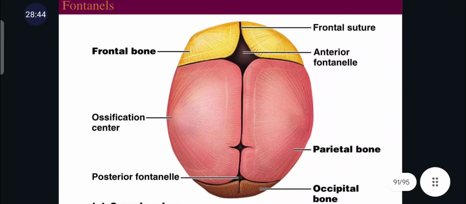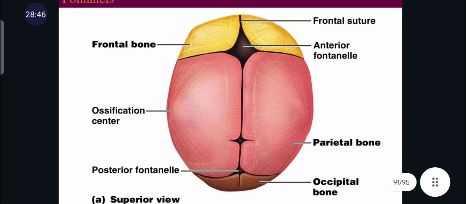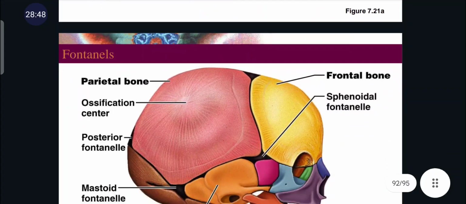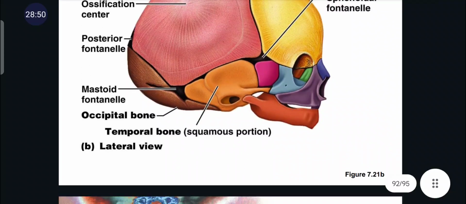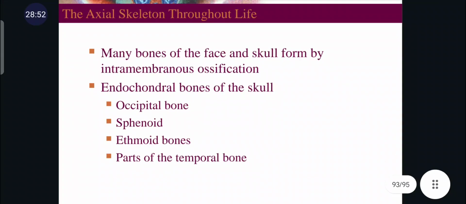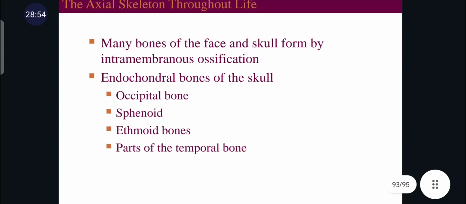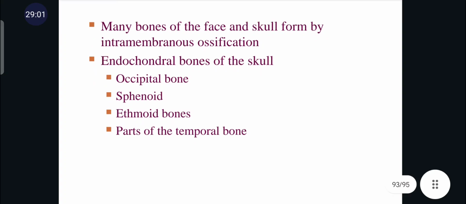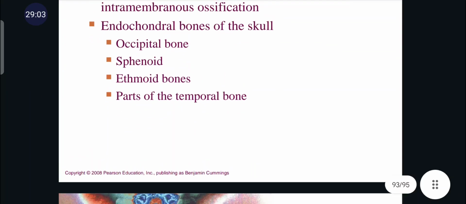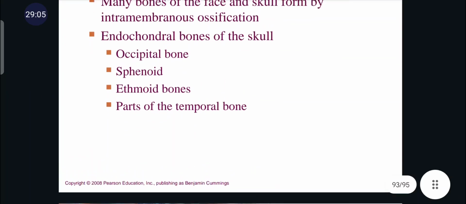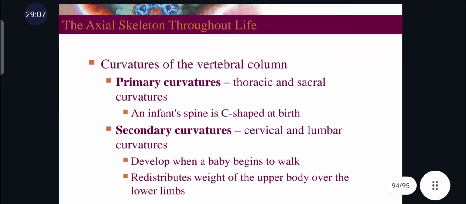These are the different fontanelles. Many bones of the face and skull form by intramembranous ossification. Endochondral bones of the skull form the occipital bone, sphenoid, ethmoid, and parts of the temporal bones.